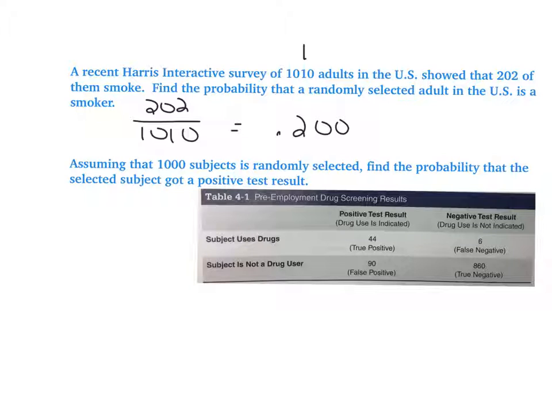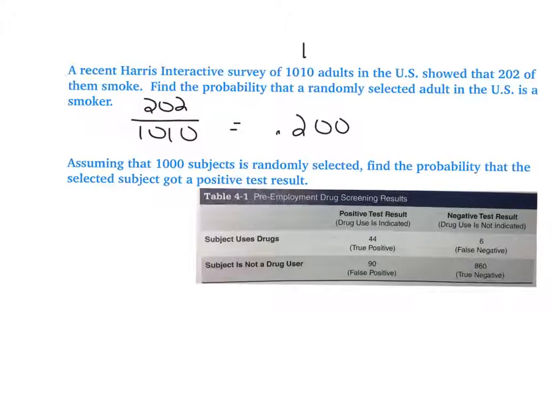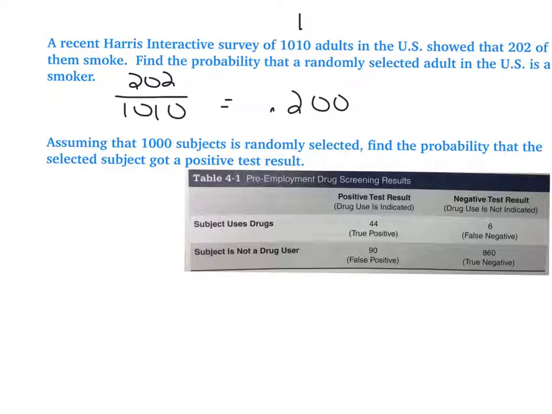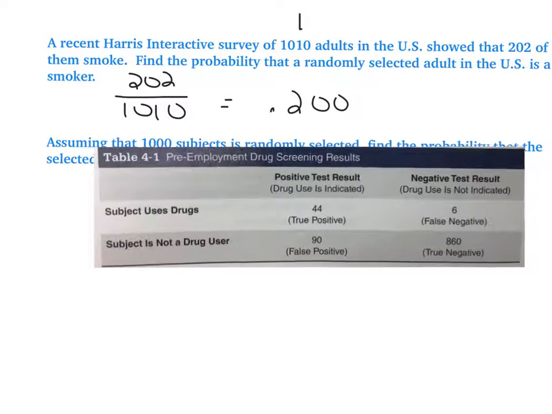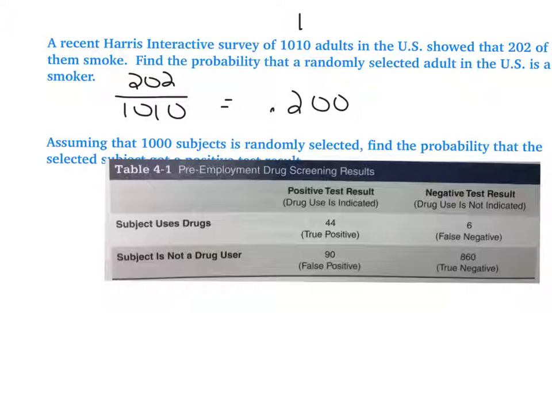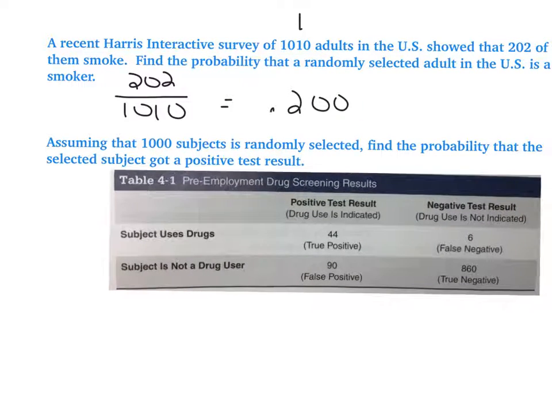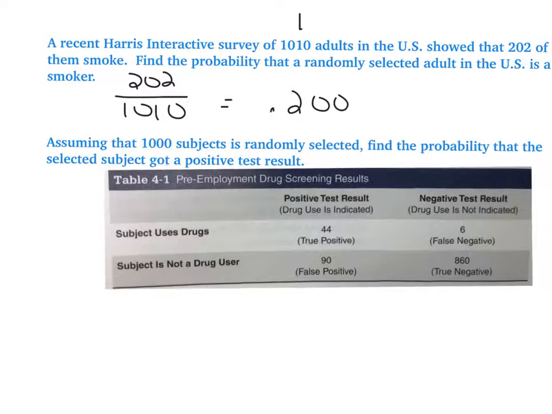Look at the second one. Assuming that 1,000 subjects is randomly selected, find the probability that the selected subject got a positive test. If you look at what this chart has down here, it's talking about drug tests, and people who use drugs, sometimes they get a positive, sometimes they get a false negative, or you can get a false positive or a true negative. But all this problem is asking us for is the probability that a subject got a positive result.